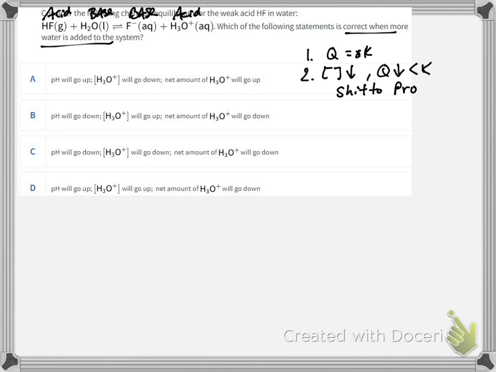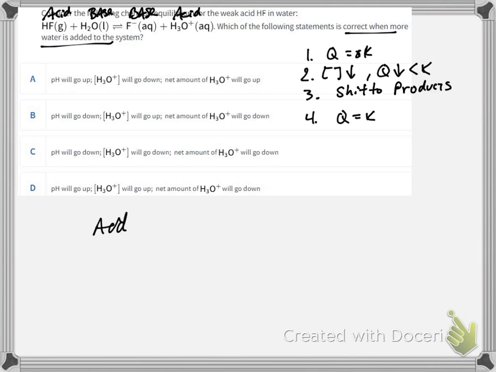Right, so this is the argument we just made about water. So the story is Q equals K, step 1. Step 2, you just made all concentrations go down by adding water. So Q goes down since Q is proportional to concentrations. Shift to products. And then by shifting, you reestablish equilibrium. So that's our story.